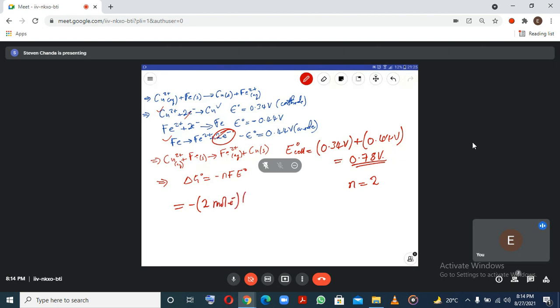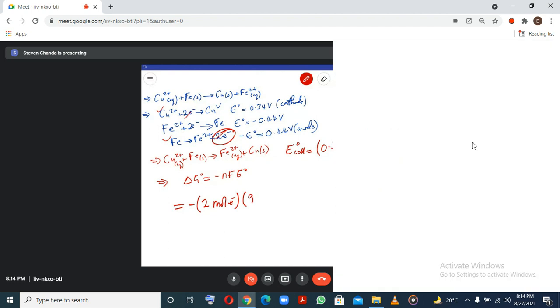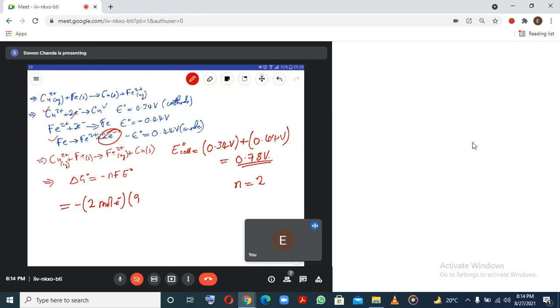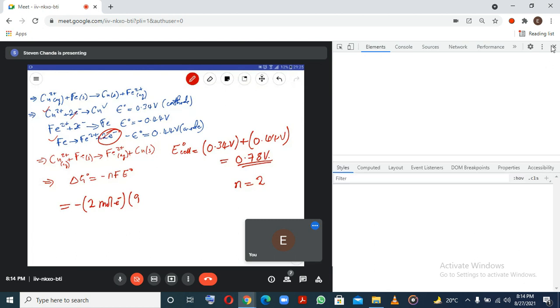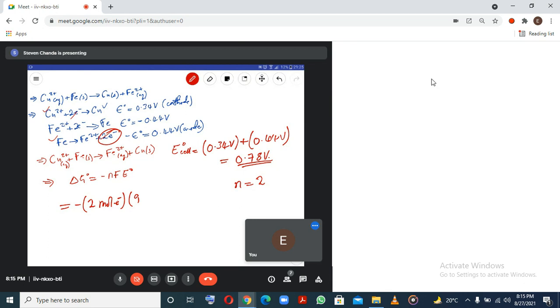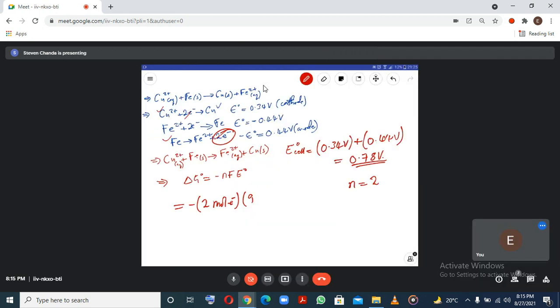Then Faraday's constant, which is going to be... let me just cancel something that has come up on the laptop. Okay.